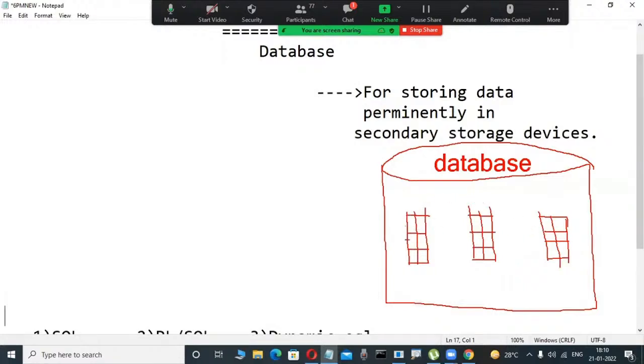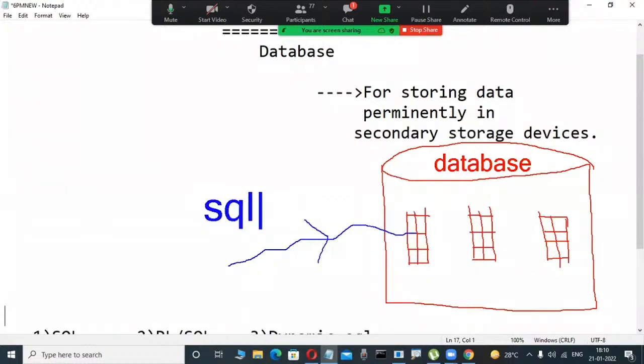That's why a structured collection of data is stored, and we operate this data using SQL, structured query language.